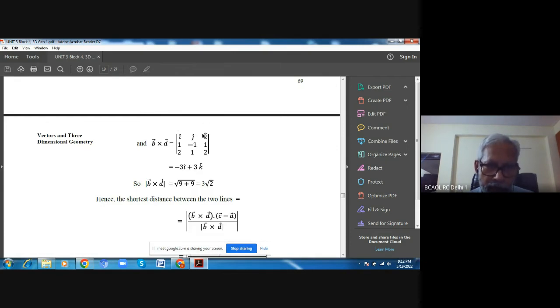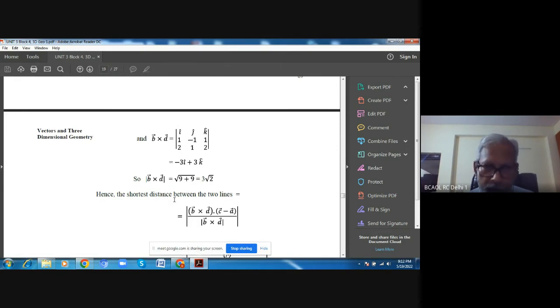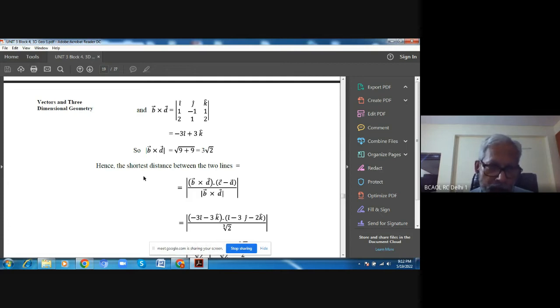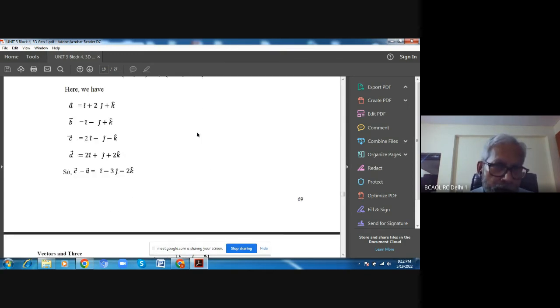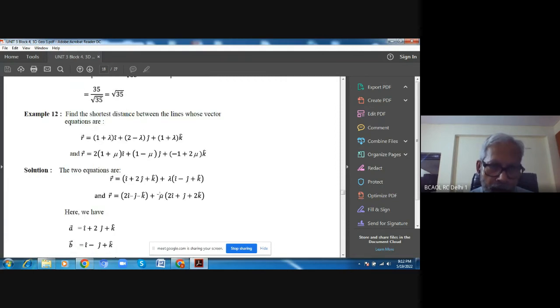Then you can make it a matrix formation, and then finally this is your formula, shortest distance between two lines.